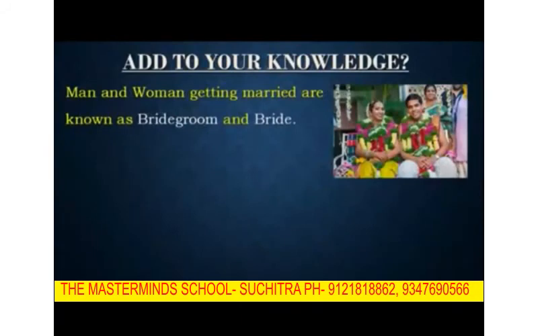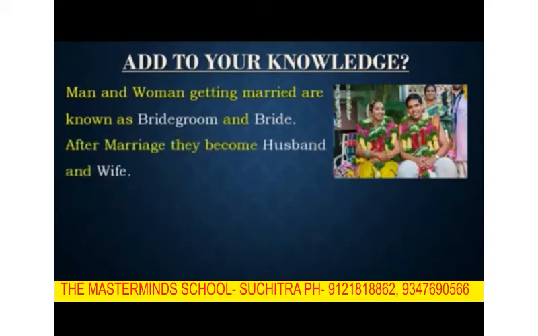I have one more thing to add to your knowledge. Look at this picture. Man and woman getting married are known as bridegroom and bride. And after marriage, they become husband and wife.